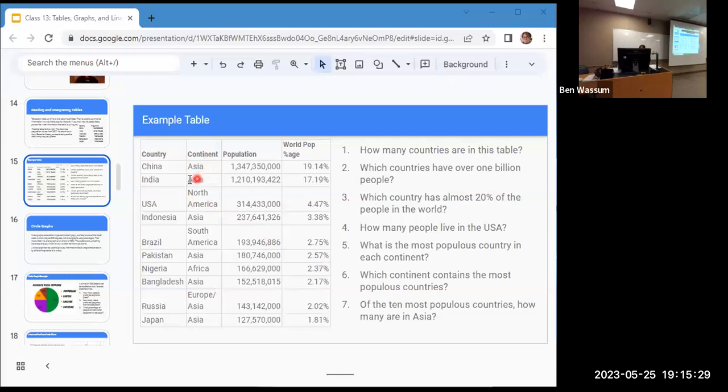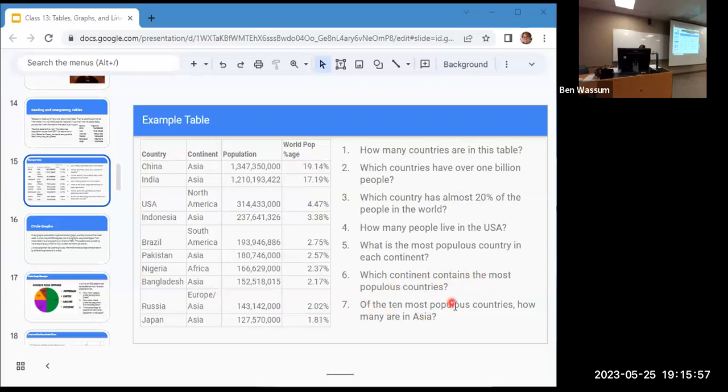That should be pretty evident if we're at 2.5 billion between China and India alone. You could also look at the world population percentage, like 19% of the world and 17% of the world, just those two countries alone. Yeah, that kind of dwarfs any of these, right? So it definitely would be Asia for the answer here.